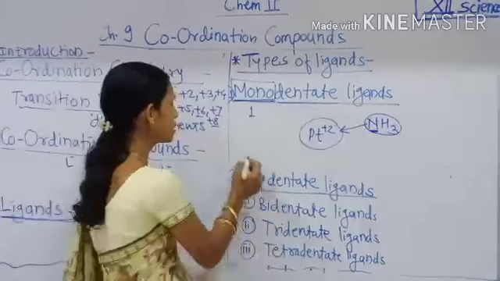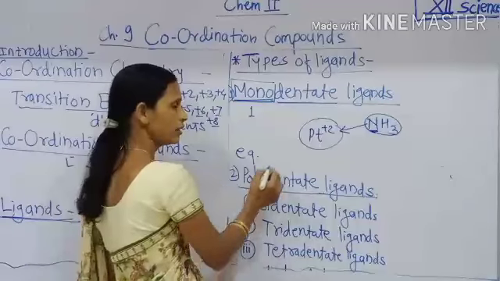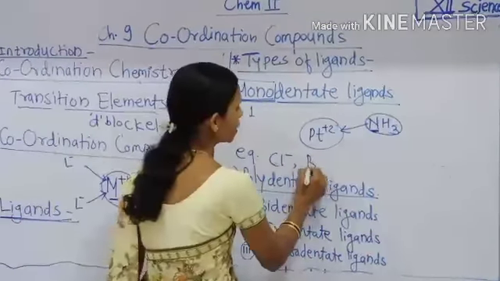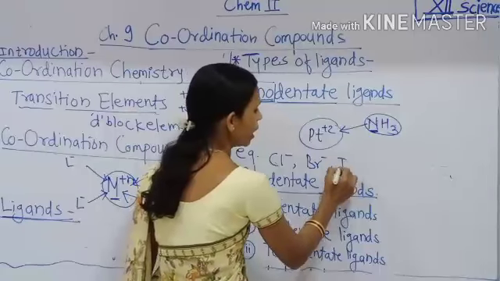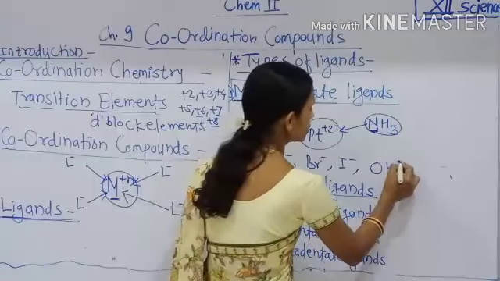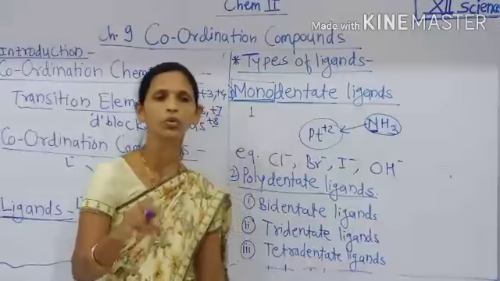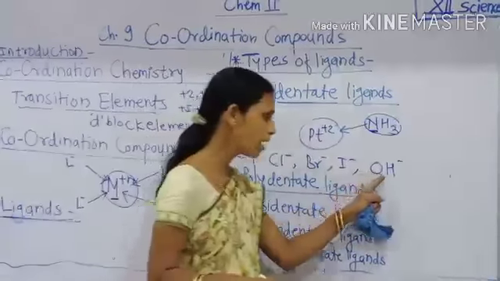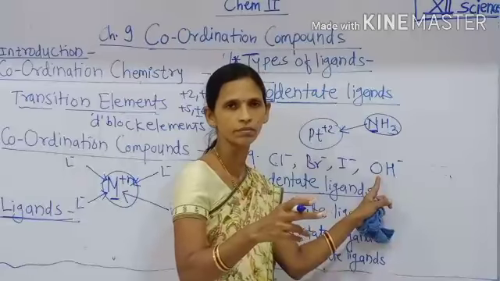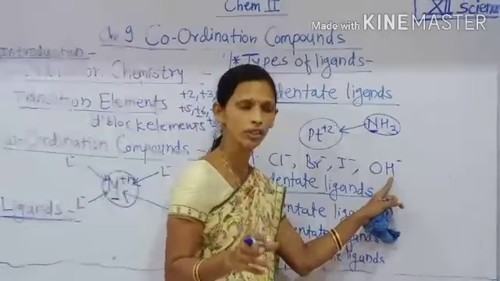There are a few examples of monodentate ligands: Cl minus ion, that is chloro ion, Br minus ion, bromo ion, I minus ion, and OH minus ion or OH group, which has its point of attachment through the oxygen atom, not through the hydrogen atom.